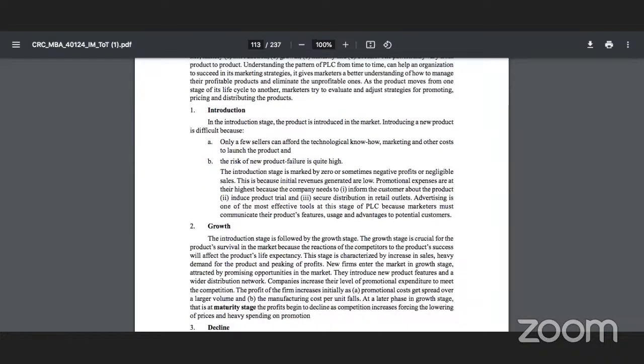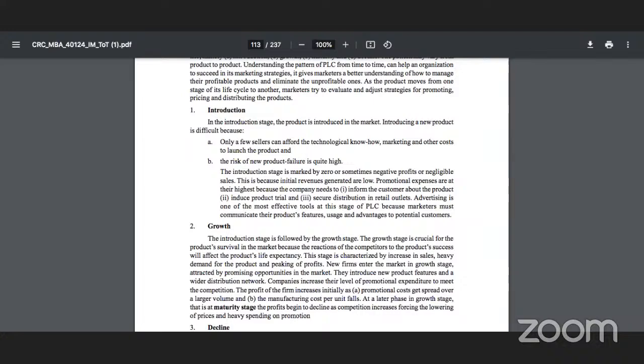Now let us look at introduction. In the introduction stage, the product is introduced into the market. Here the market is determined by the locals, that is, the ones who hold that particular piece of business. Once that is done, there are some other factors that need to be considered.